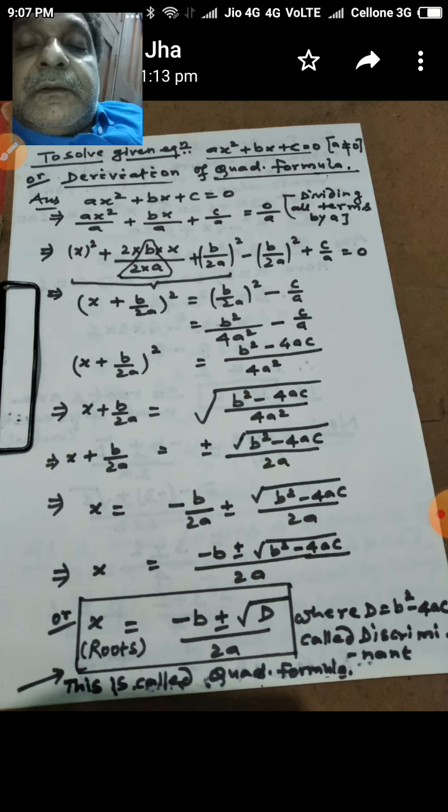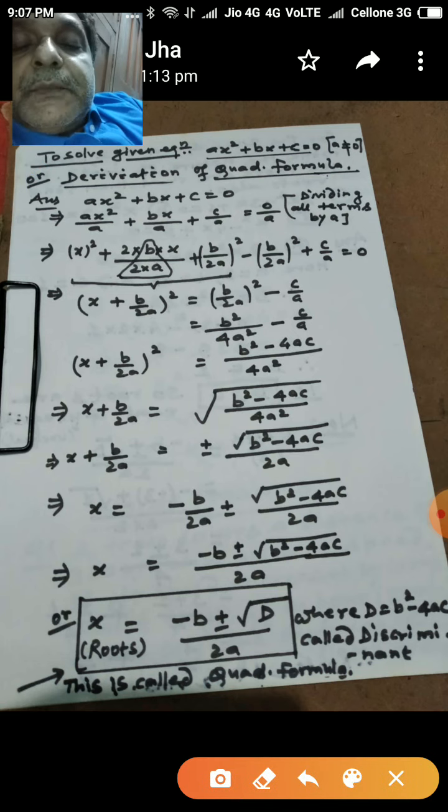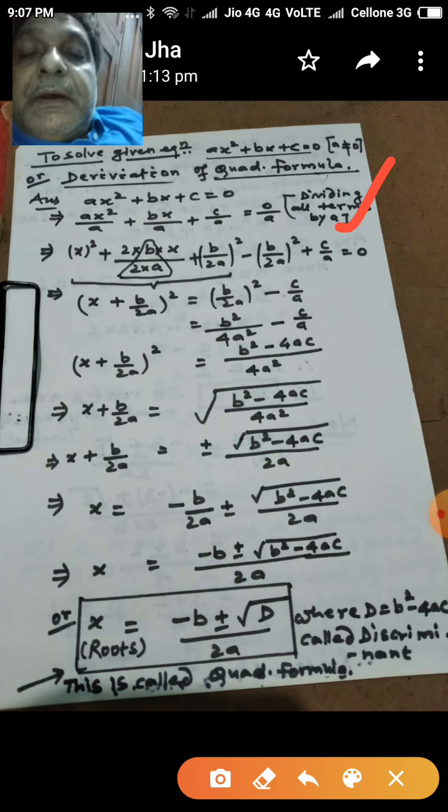First of all, we divide the LHS and RHS both by a. So it will be ax square by a plus bx by a plus c by a equal to 0 by a.